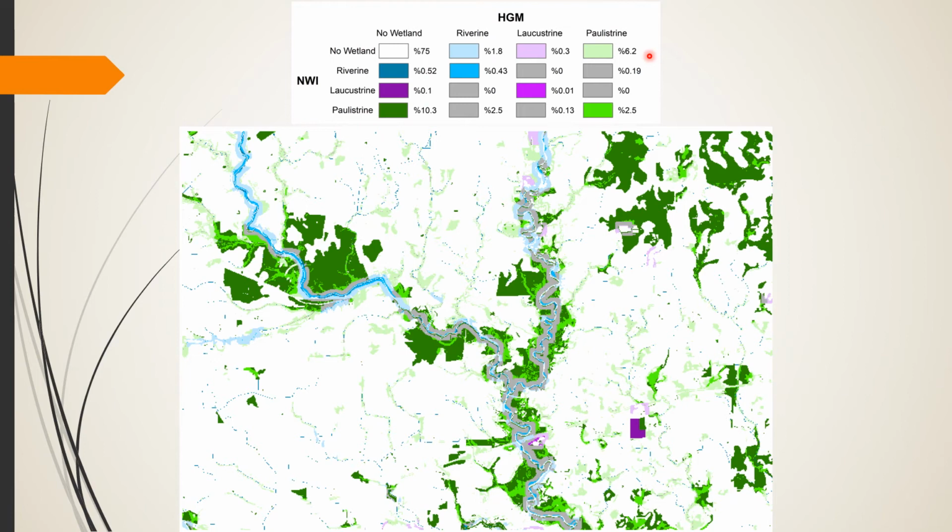And we see some really interesting features, including a man-made lake that was included in NWI as a wetland, but not in the HGM. This region highlights some of the potential issues, in that we see a lot of these false negatives not being accounted for in the HGM, as well as a lot of false positives.